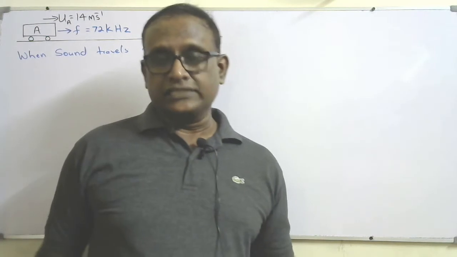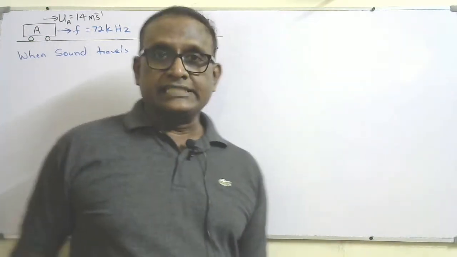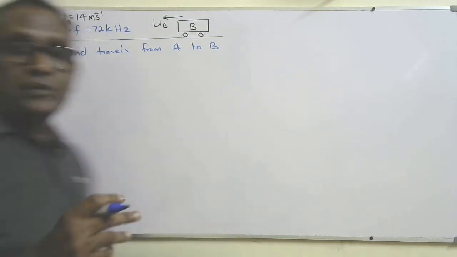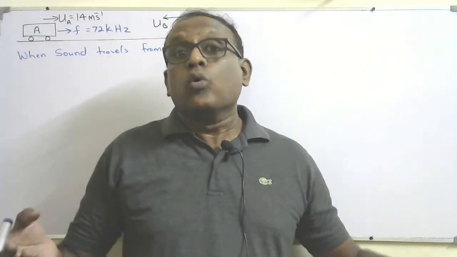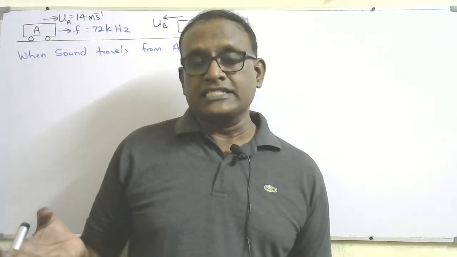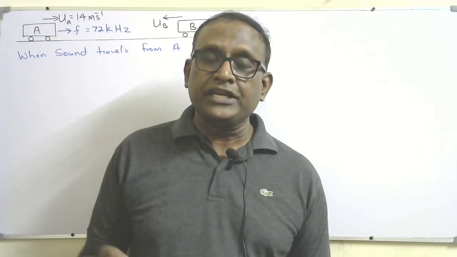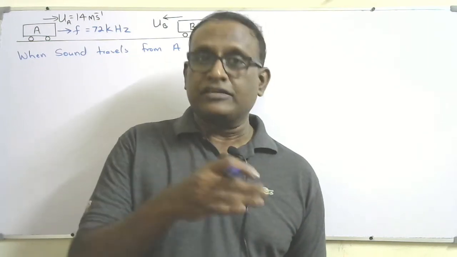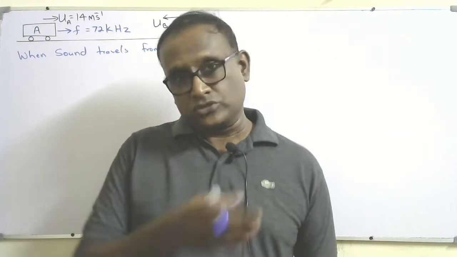After reflection, B becomes the wave source and A becomes the observer. Both are in motion. Since car A is moving towards B, there will be a change in wavelength. The derivations are shown in a separate video and I put the link in the description, so better watch that.